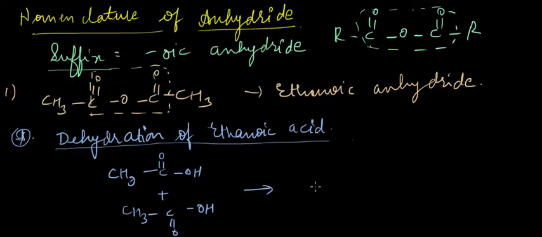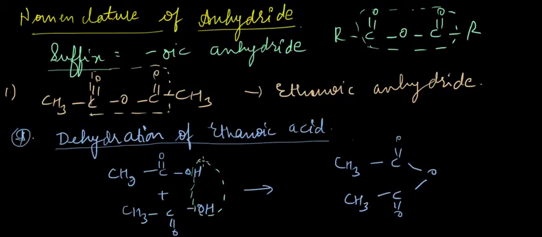So when two ethanoic acids combine and the dehydration process takes place, then the formation of anhydride takes place. Okay, so how is this happening? The water molecule from these two ethanoic acids gets removed.